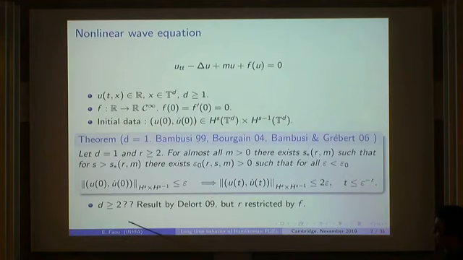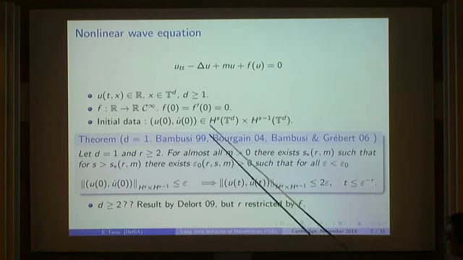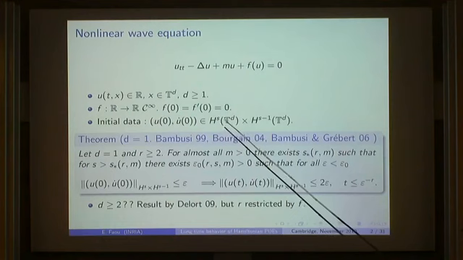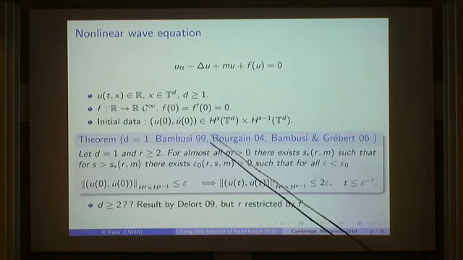I will consider small epsilon, of size epsilon, small initial data, and smooth in the sense that the space will be Hs times Hs minus 1, which corresponds to the standard space for solving the wave equation for u and the time derivative of u.